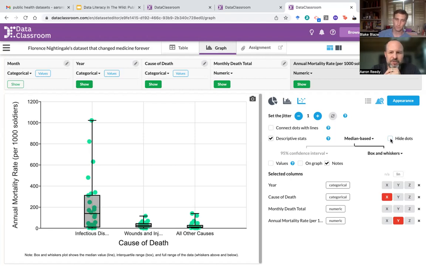In all other cases, I would include those outliers, and if I excluded them, I excluded them 100%. If they didn't appear on my graph, they didn't appear in my analysis.